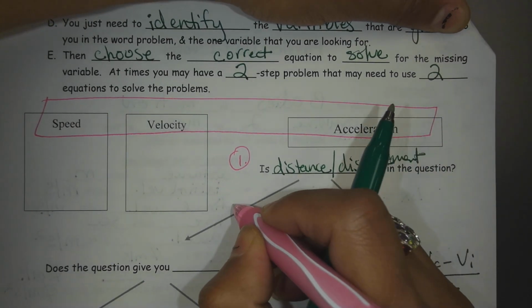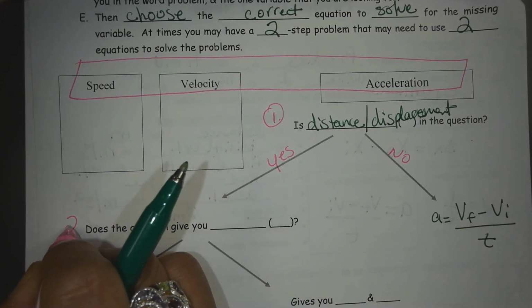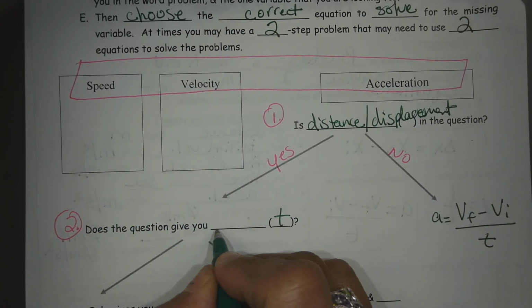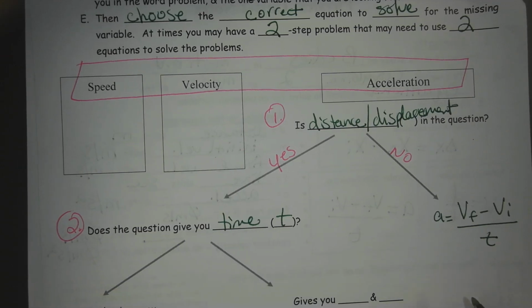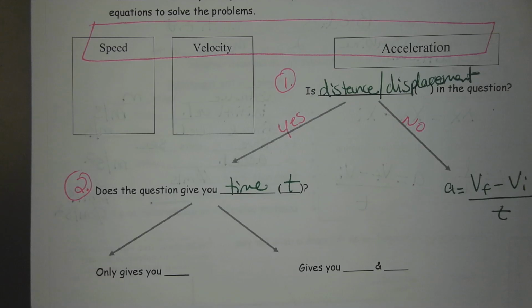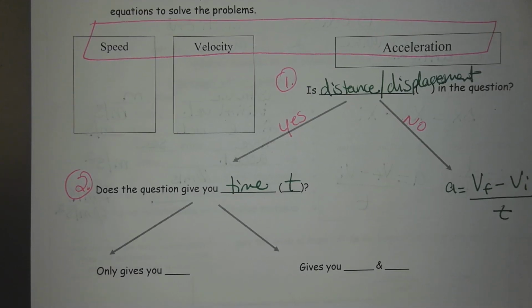But if you say yes, then you have to ask yourself the second question. Question number 2, was t or was time ever used? Okay? One more time. Was distance or displacement ever used, given, or talked about in the question?